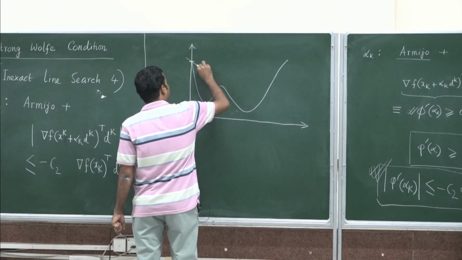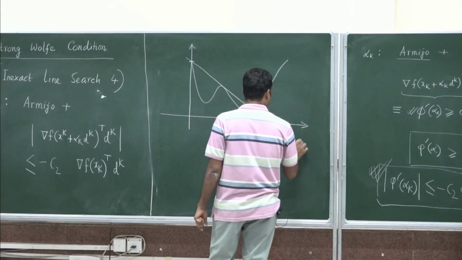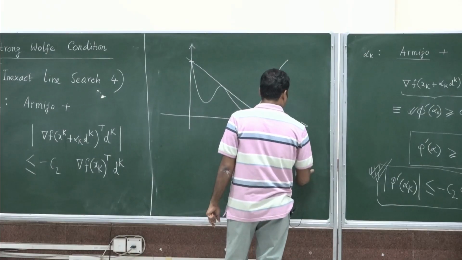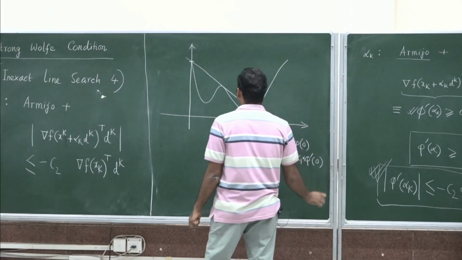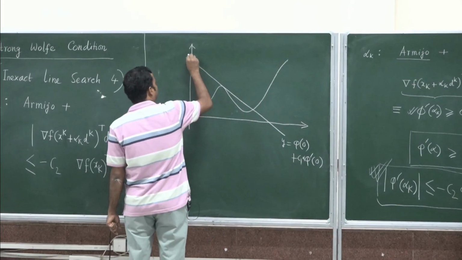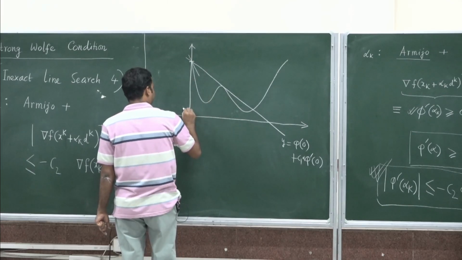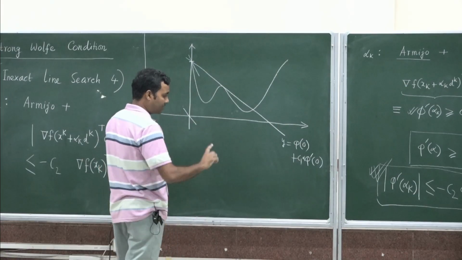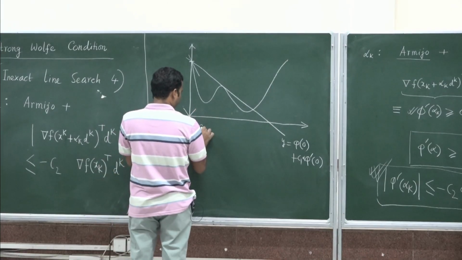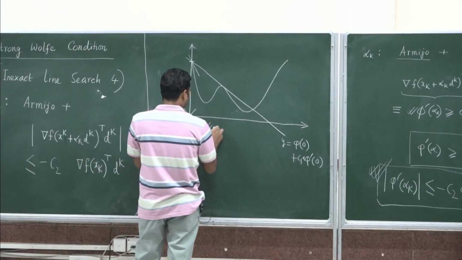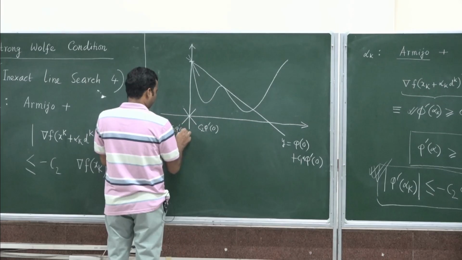Here was C1 times, this one was phi 0 plus C1 times alpha into phi dash 0, and now C2 times phi dash 0 was this slope, and parallel here is this slope, and exactly opposite is this one. So here goes your C2 times phi dash 0, this slope is this line, and this line is minus C2 times phi dash 0.